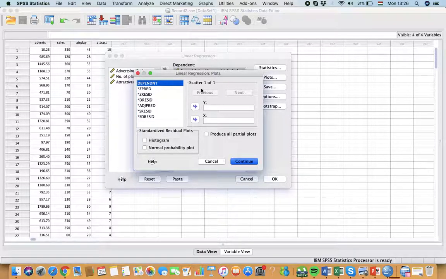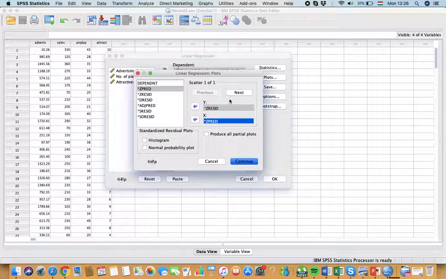So these are plots that will show us whether the data points are around 0 or they are skewed or something. So for a basic analysis, it is worth plotting S-resid on the y-axis against Z-pred on the x-axis.